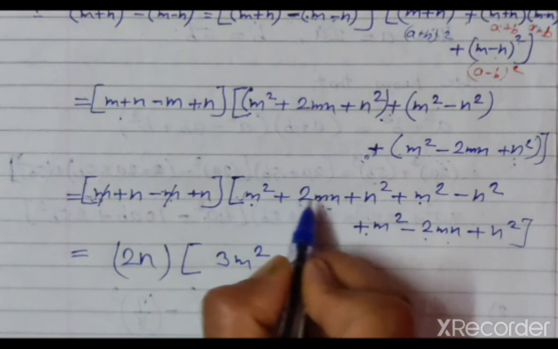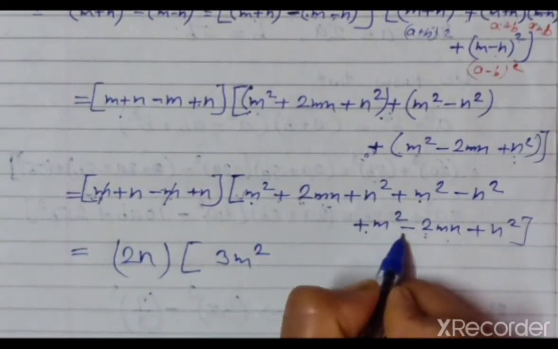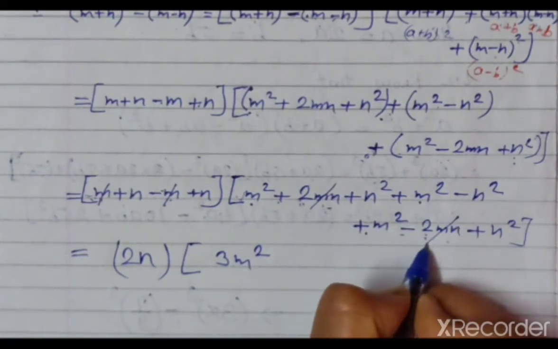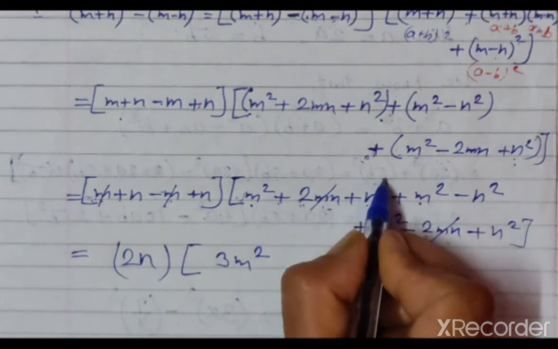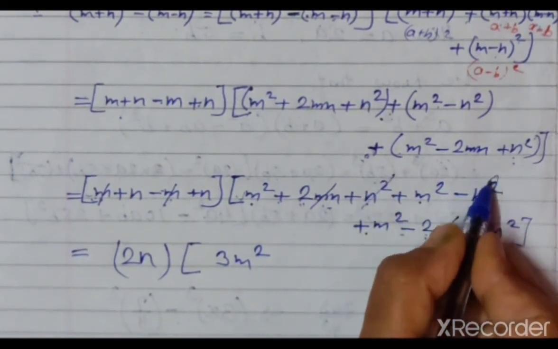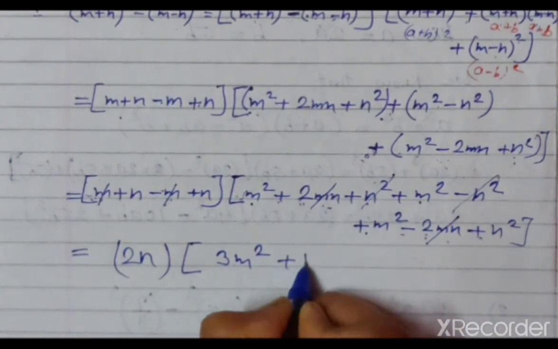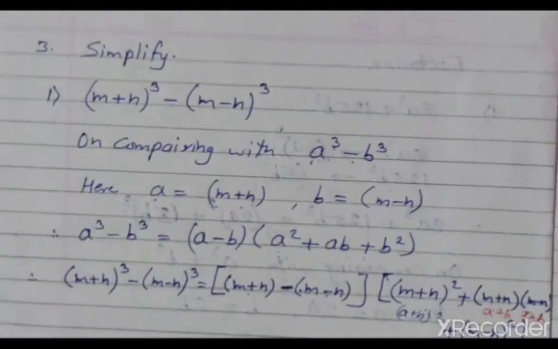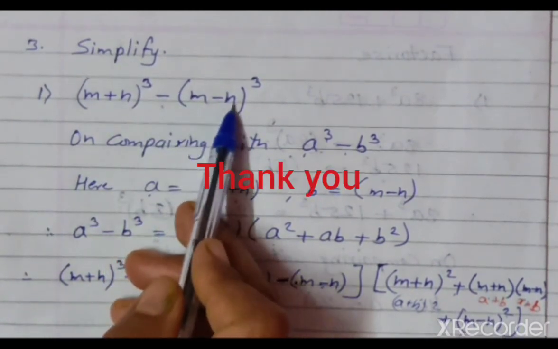Both terms have the same coefficient but with different symbols, so again this 2mn will get cancelled. Next, this n square minus n square will also get cancelled and only 1 n square will remain here. So this is the factor of our given question, (m plus n) bracket cube minus (m minus n) bracket cube.